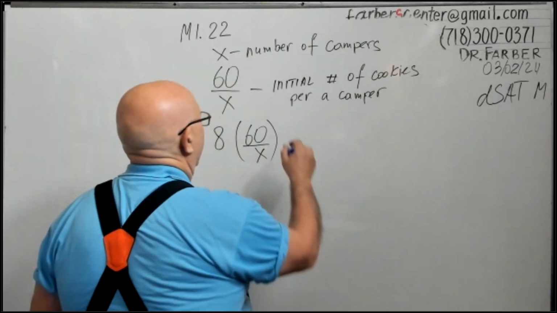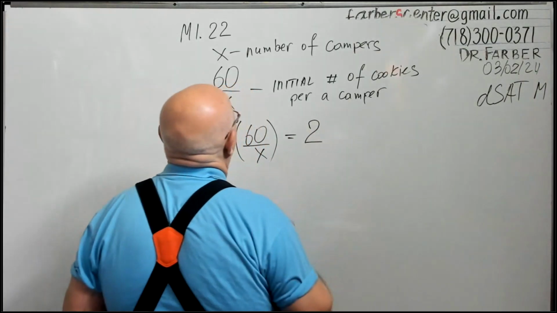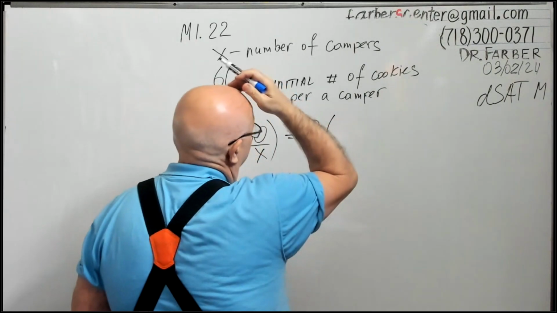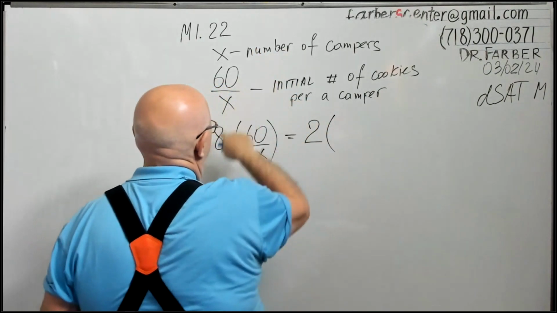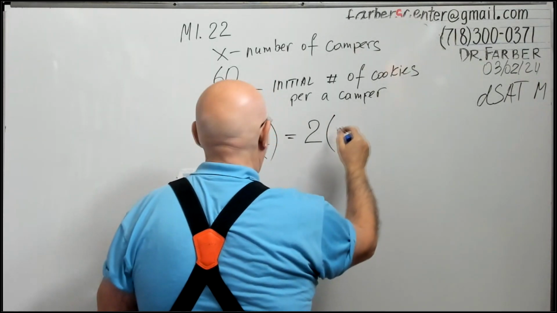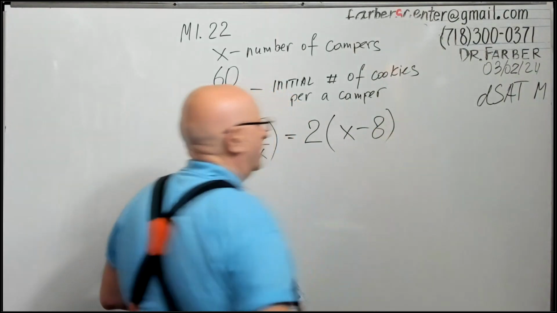So 2 more each. And how many campers will we have? Initially X. And these 8, they like only meat. They don't like cookies. Smart kids. I'm just kidding.